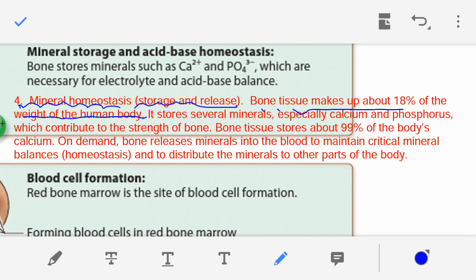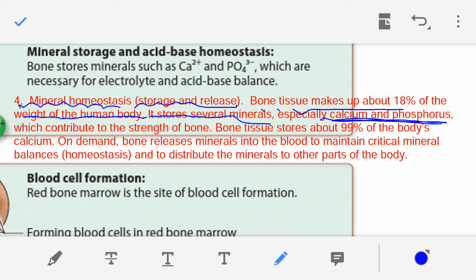Now, bones store several minerals, especially calcium and phosphate, that means phosphorus, phosphate in the form of PO4 3 minus. So calcium in the form of Ca 2 plus and phosphorus in the form of phosphate ion PO4 3 minus are stored in the bone.